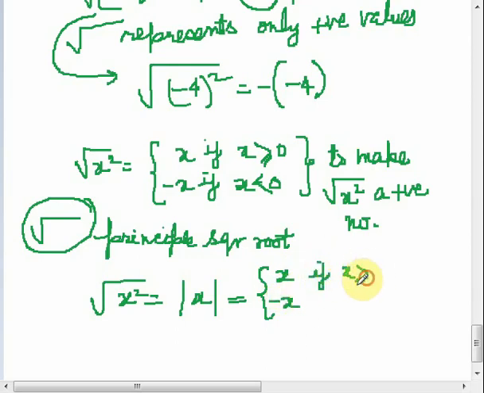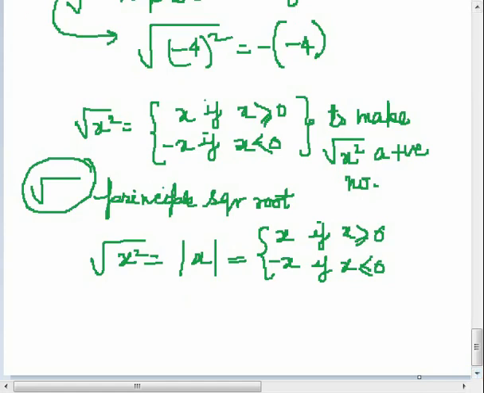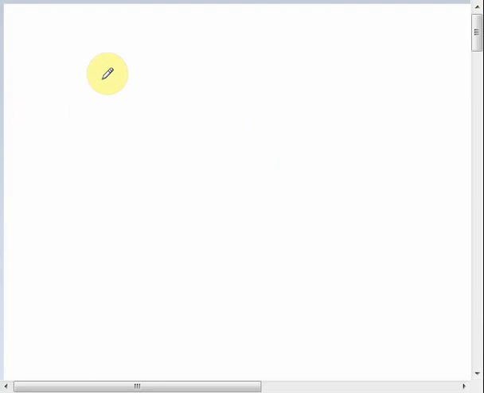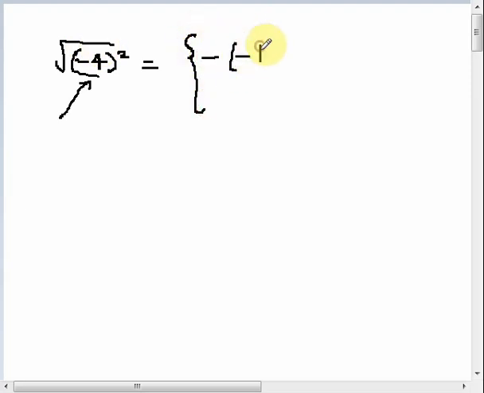How? We consider the same example above. We want to find the value of under root minus 4 square. So its value will be, as per our definition, since this is less than 0, minus of minus 4, which is equal to 4.